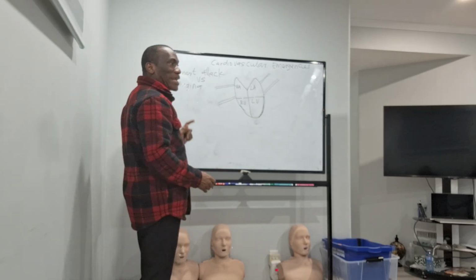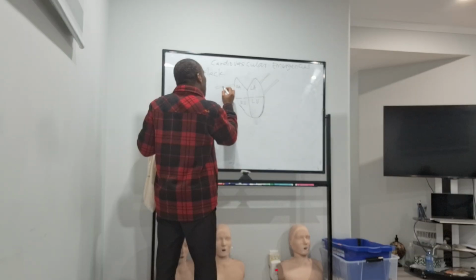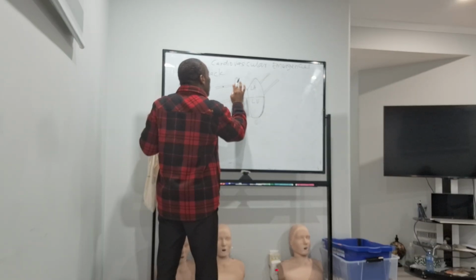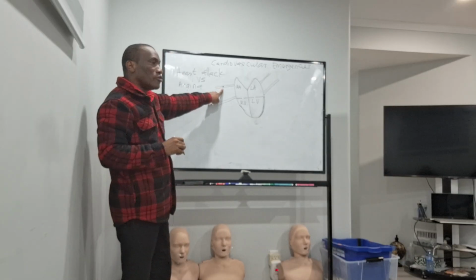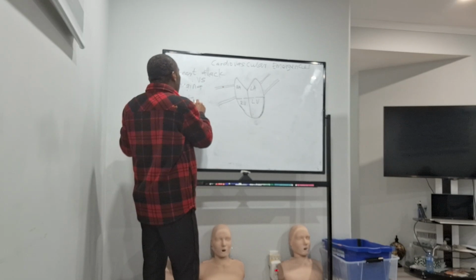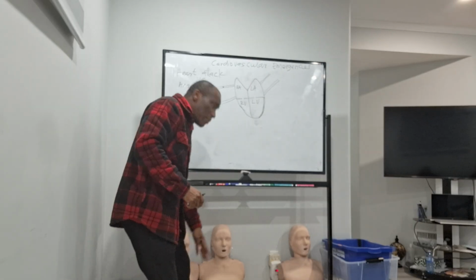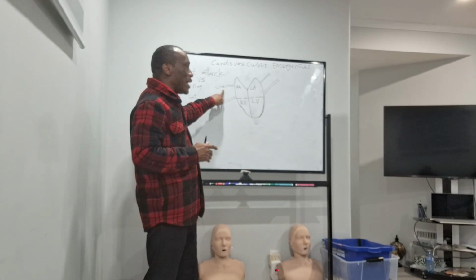So heart attack happens when this particular artery to the right atrium is blocked by fat. Maybe fat breaks from somewhere and then starts swimming in the blood until it gets there.